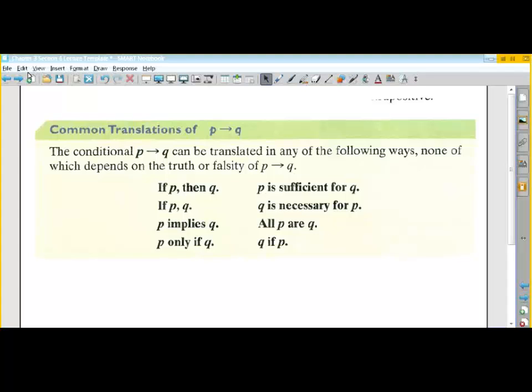So if P then Q, that's what we start out with. We might start out with if P comma Q. We leave out then a lot. Sometimes you leave out the comma. P implies Q. P only if Q. P is sufficient for Q. We wouldn't normally say this. Those are more math things, right?